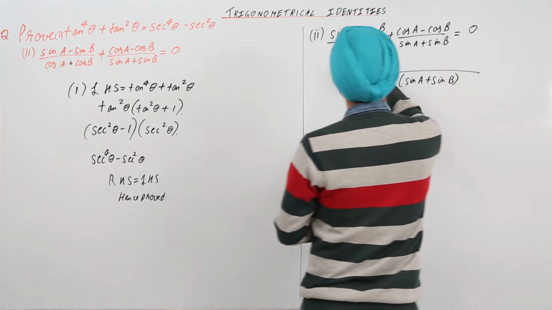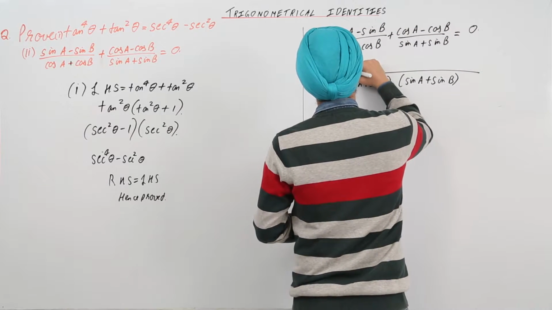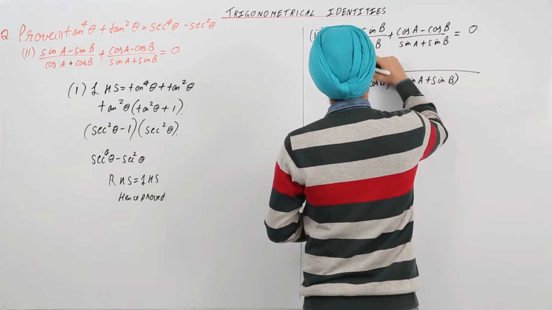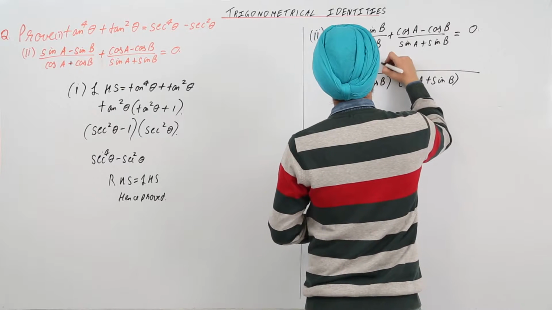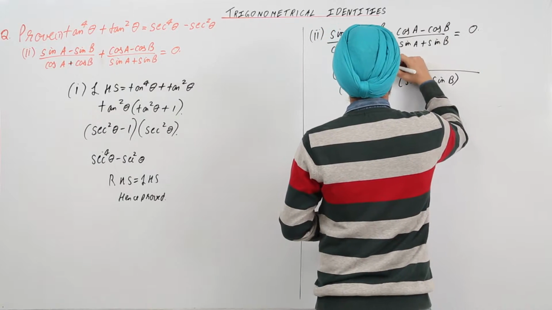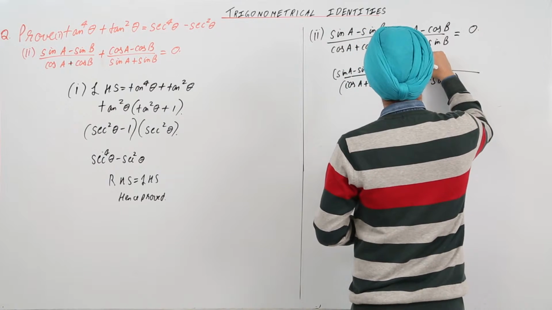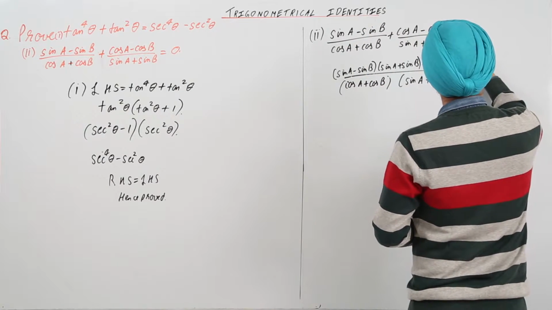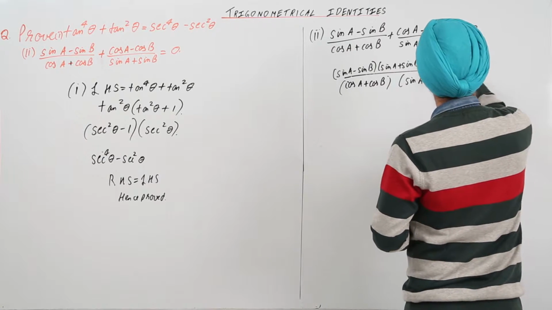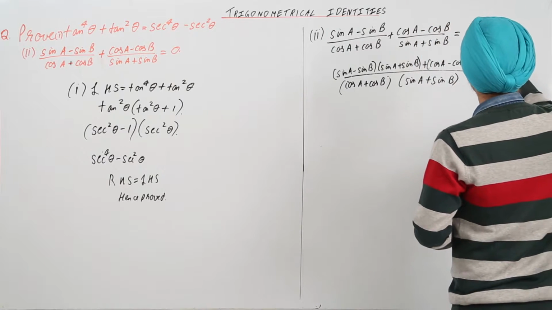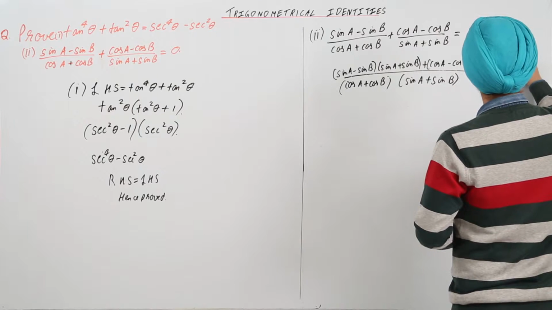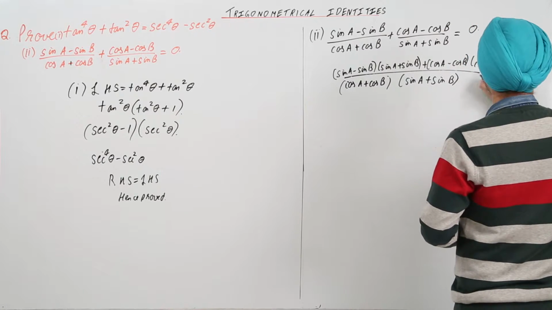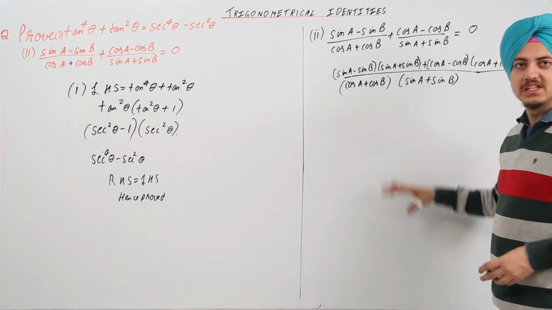Now this term over here becomes sine A minus sine B into sine A plus sine B plus cos A minus cos B into cos A plus cos B. Am I right? This is the numerator.